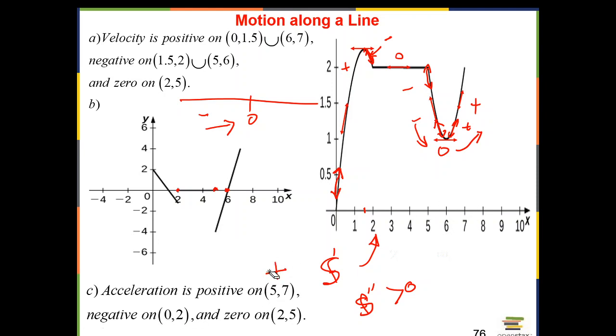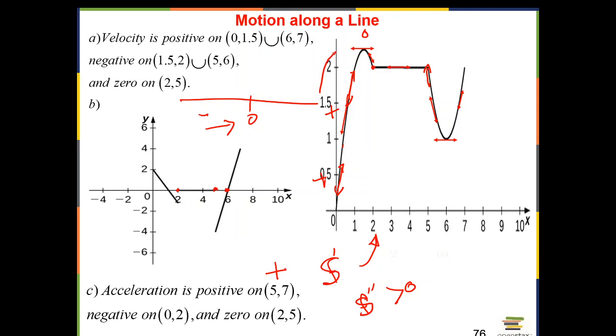And from 0 to 2, let me erase my stuff. So from 0 to 2, up to here, the acceleration is basically the rate of change of the slopes of the tangent lines, which start with some positive number and then go to 0.